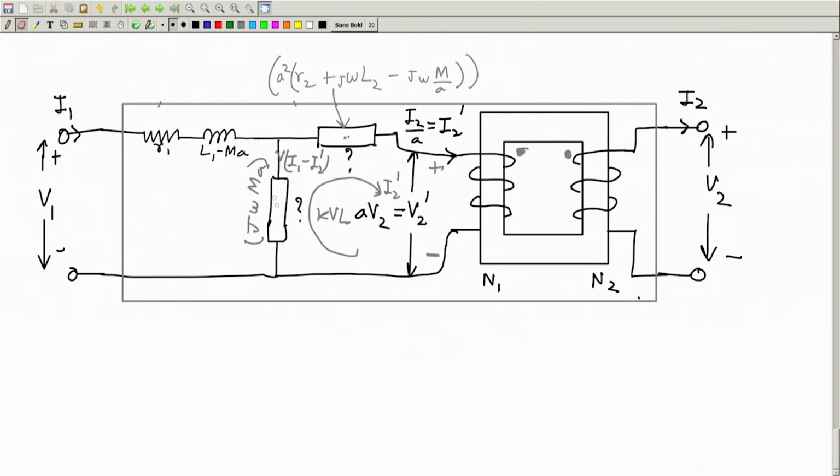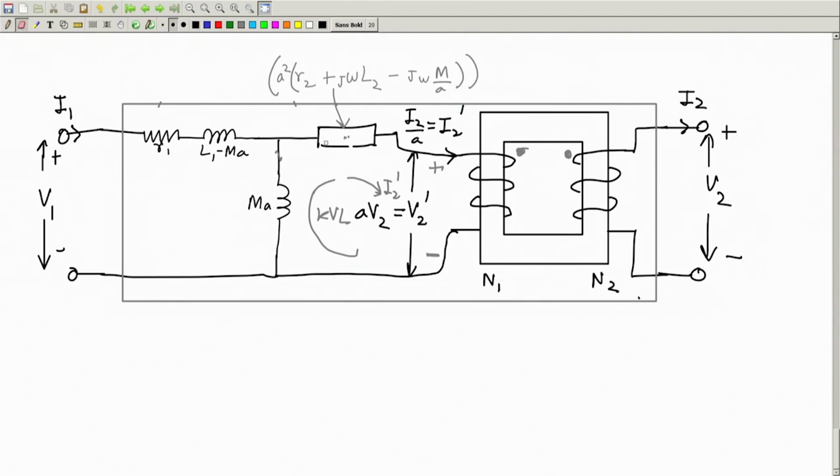Here you can write this only as an inductor whose value will be, of course, MA, where M is the mutual inductance between the two coils.